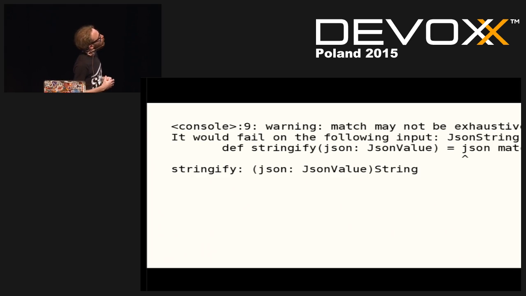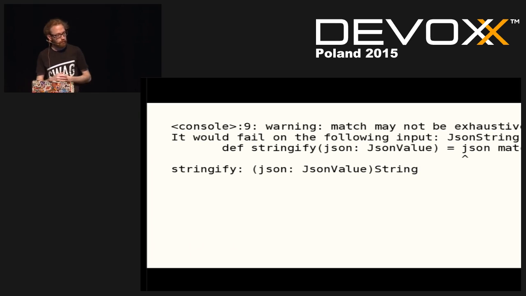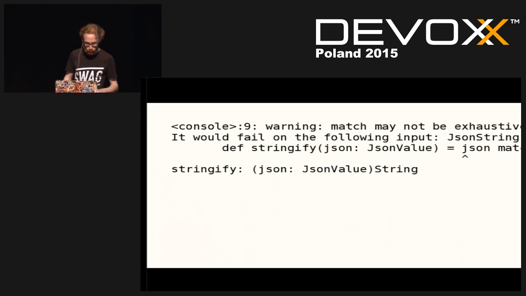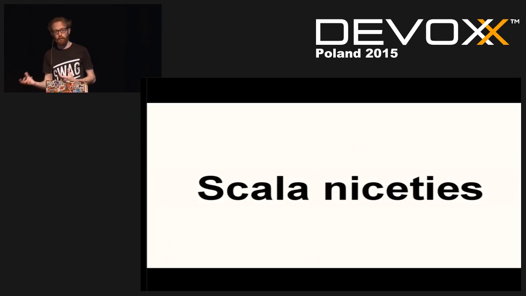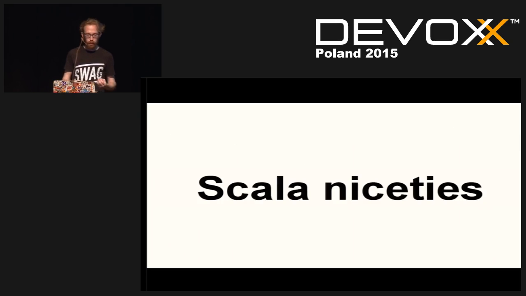So basically, the message says, you did not handle the JSON string case. Okay. So that's nice. And since the encoding in Scala is not done directly in the language, we gain some extra flexibility compared to Haskell, for instance.